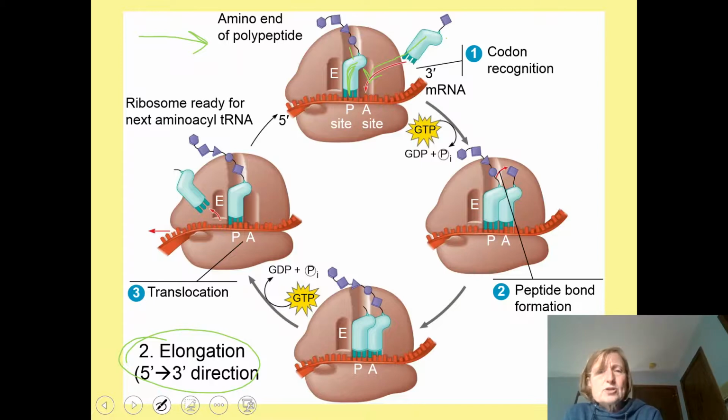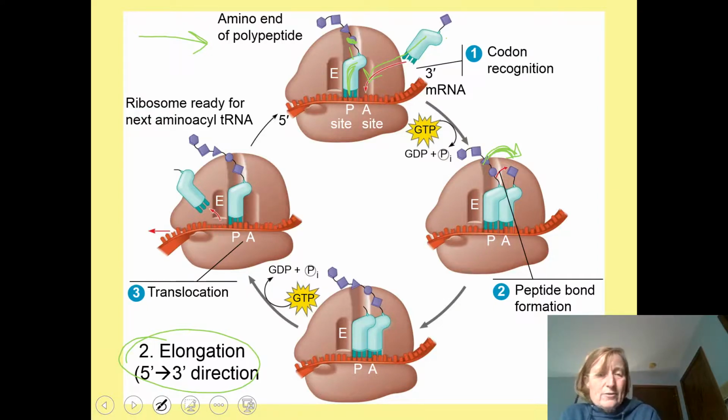Okay. Step 2, now we have to connect our amino acid that's connected to the tRNA in the P site to the amino acid that's connected to the tRNA in the A site. That process involves the moving, essentially, of the amino acid from the tRNA in the P site, shifting it over to the amino acid of the tRNA in the A site.